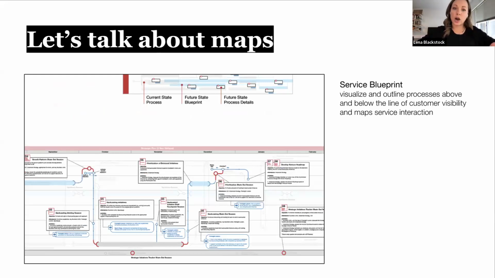And so when you really think about the last couple we talked about, right, we get to service blueprints, which are an operational map of the process activities and interactions below the line, aligned to the user experience above the line. And I want to make this point because I think it's a very important piece of service design, is that we're aligning our business process activities to the user experience, not the other way around.